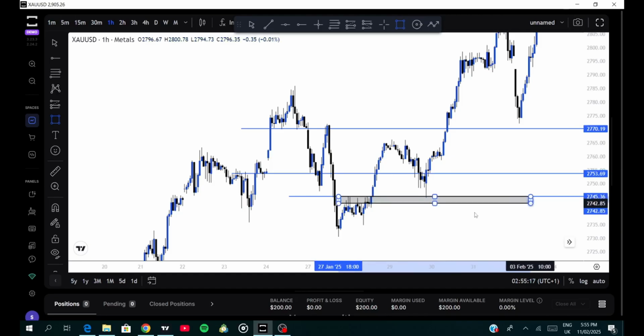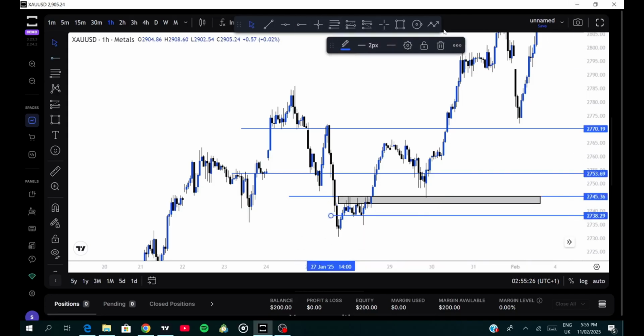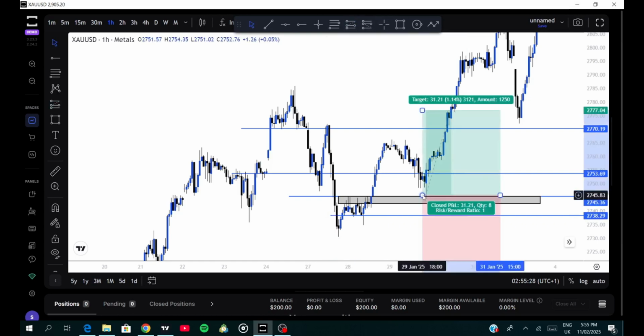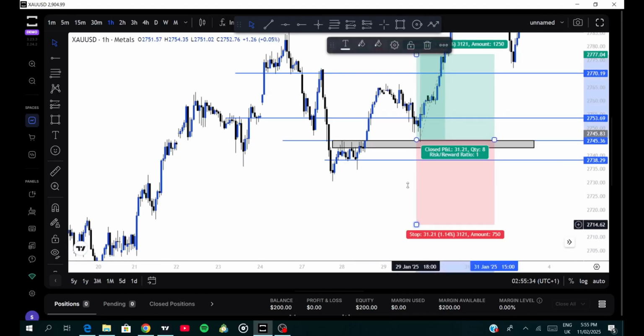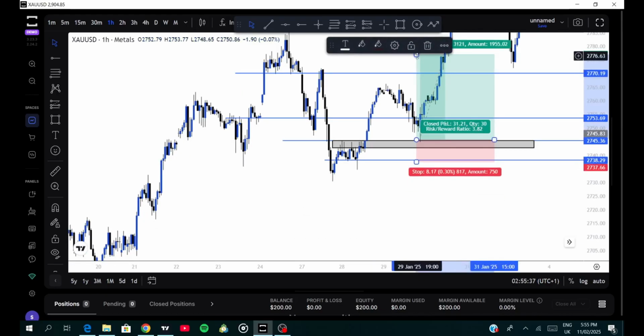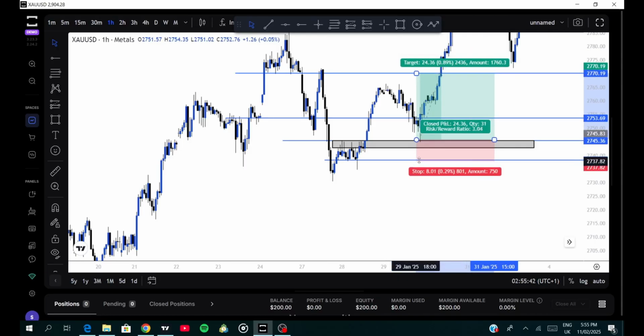If you enter at 27.45, for example, your risk to reward would be, let's just say, 1:3. That's if your entry point was 27.45. So if you're risking $1,000 on a trade, you're going to get over $3,000. If you're risking $10,000, you're going to get over $30,000. So yeah, that was it.